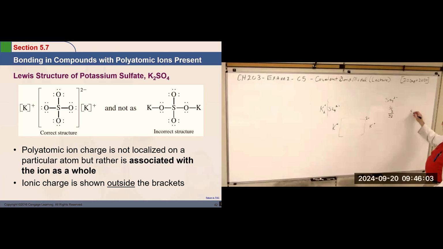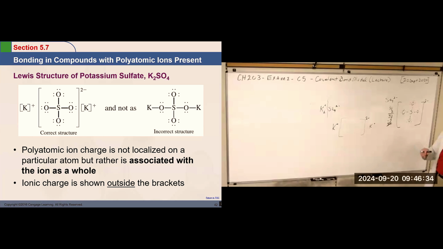So if we have sulfur in the middle and oxygen out here, that's 2, 4, 6, 8, 24. Right. 6 electrons now would make an octet for each oxygen, and 4 of those would be 24 electrons. All right, so we've used them up, and you have to put the charge.